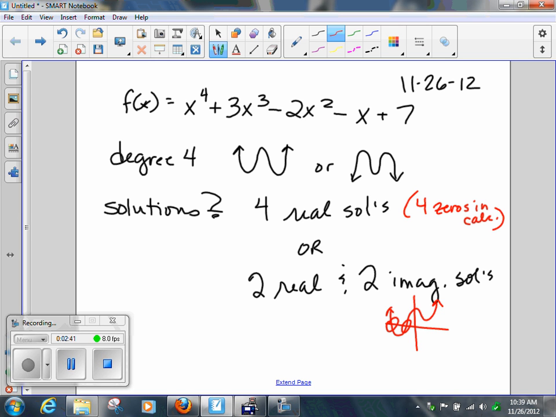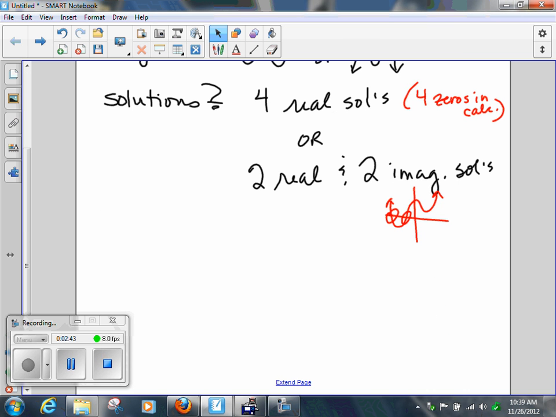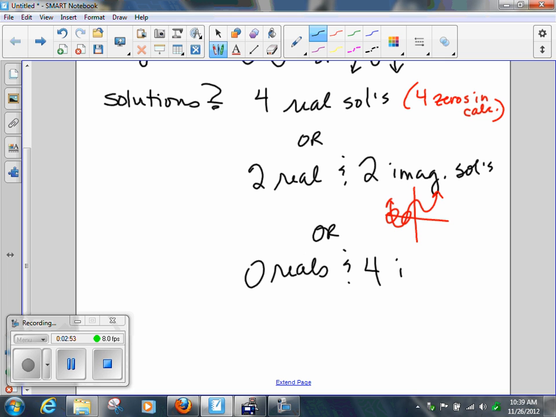Or there's still another option. What's the other option? 0 reals and 4 imaginary solutions. I don't know about you, but I would not want to put that in the quadratic formula. Okay? Yuck.